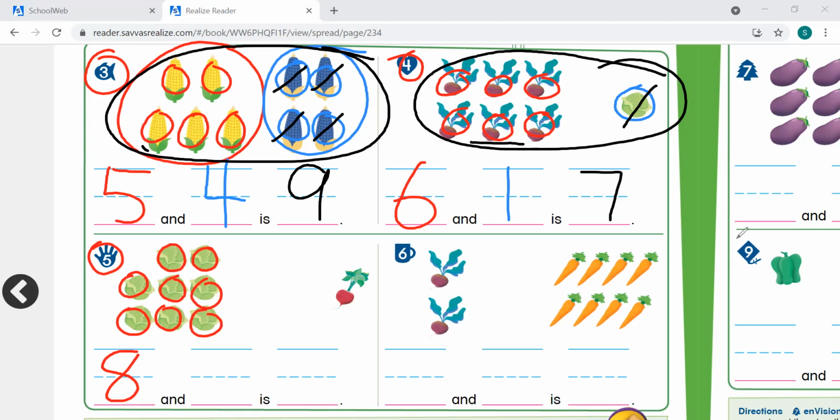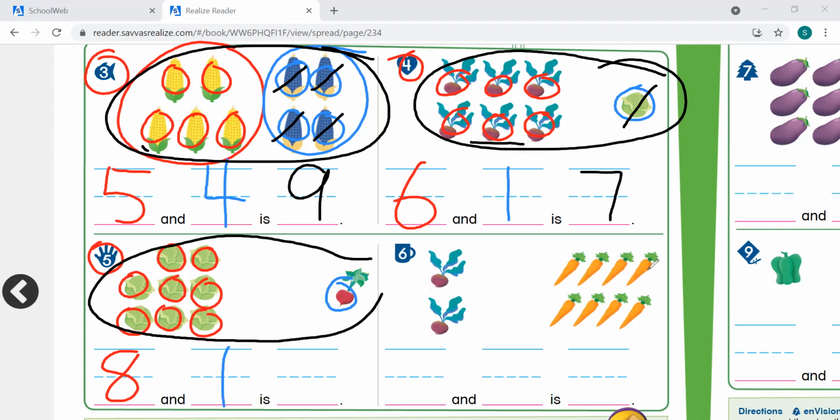Our second group has 1. 8 and 1 is, let's combine the 2 groups, put them together. 8 in our first group, 9. So 8 and 1 is 9. You're doing great, superstars.